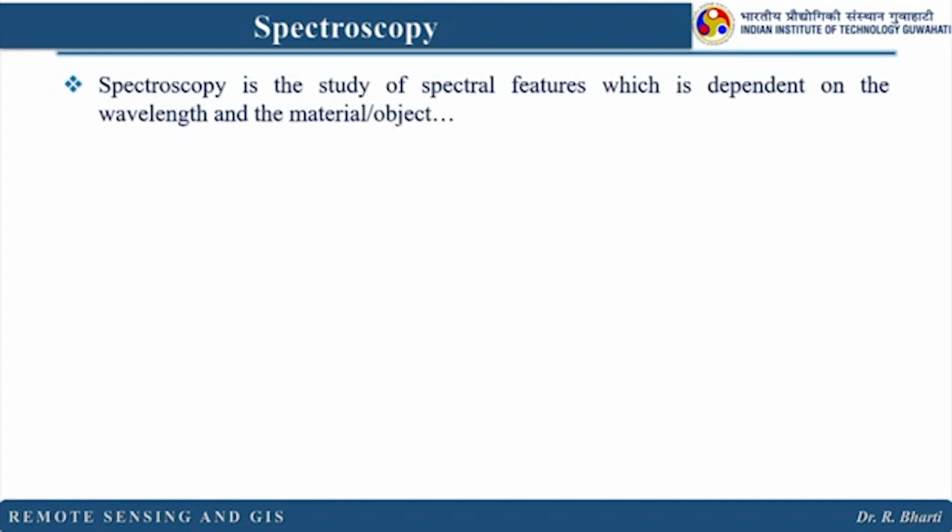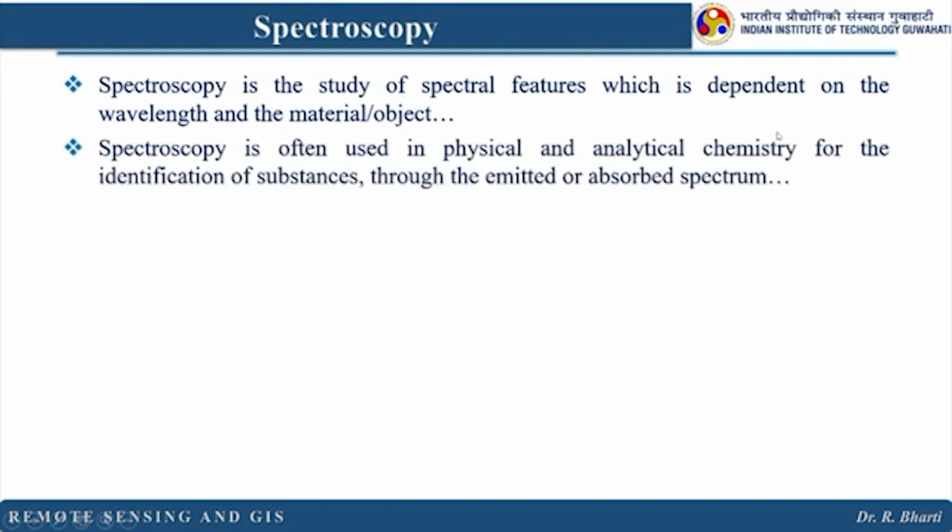So, what exactly we mean by spectroscopy? Spectroscopy is the study of a spectral feature which is dependent on the wavelength and the material, right. So, it can be an object also. Spectroscopy is often used in physical and analytical chemistry for the identification of substances through the emitted or absorbed spectrum. If you remember, somewhere you might have heard about XRD, XRF, ICP, they are actually using this spectroscopy technique, right.